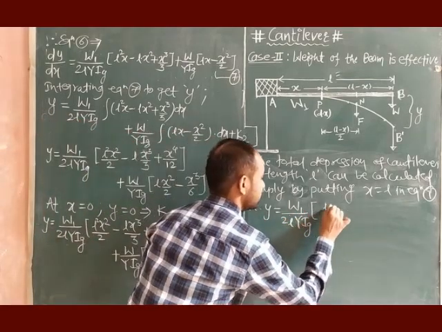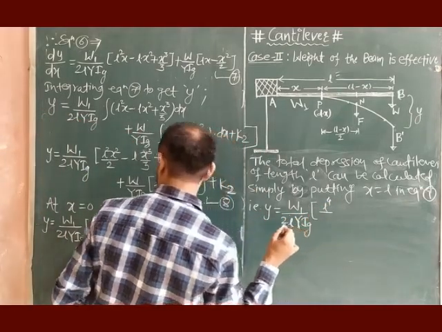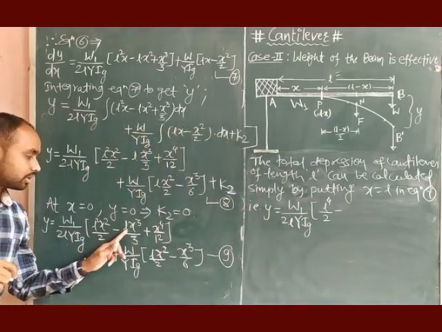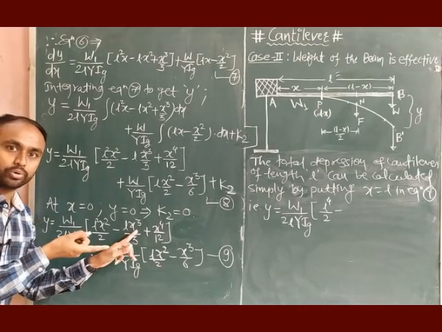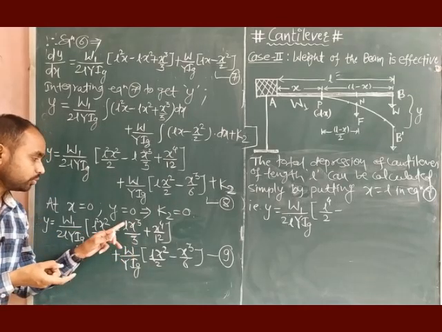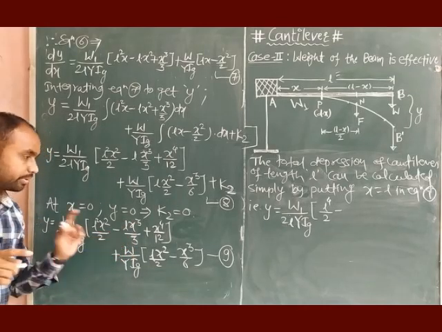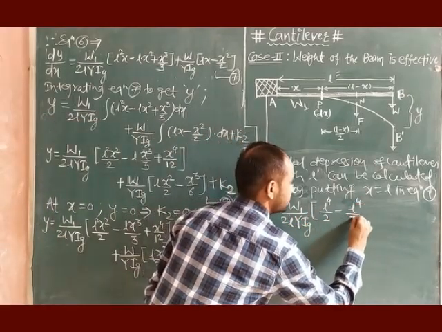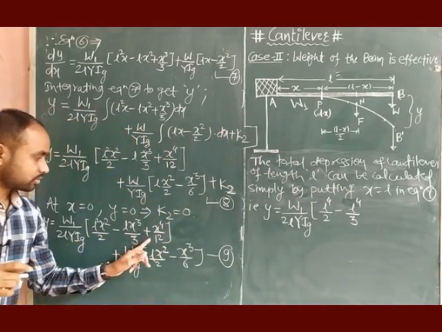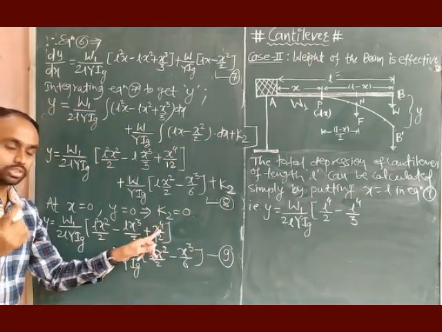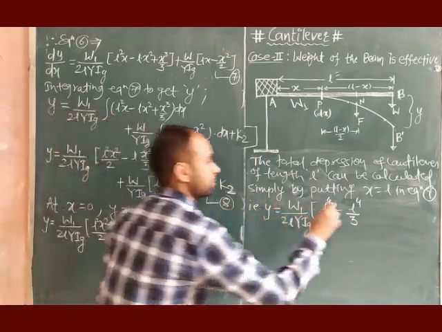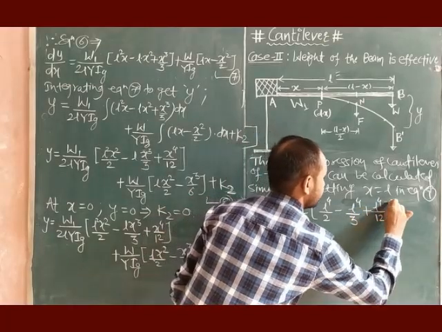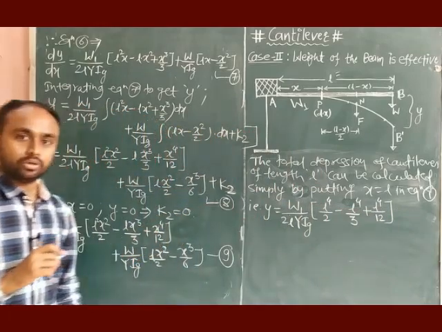Let me write directly, L power 4 divided by 2 minus L x cube, but x is again we are putting L, so L cube into L, L power 4 divided by 3, okay, plus obviously here only x, so instead of x we have to substitute L, so L power 4 divided by 12, right.